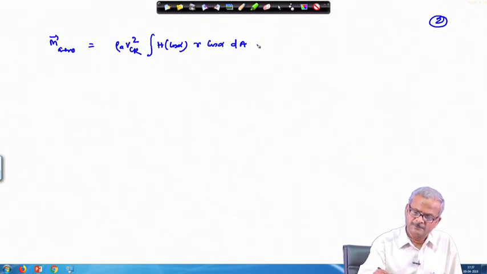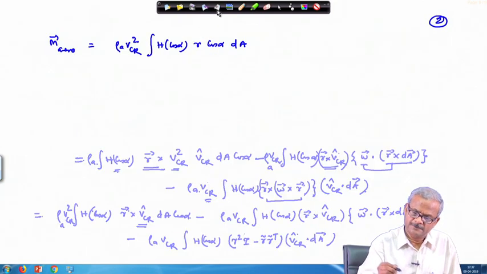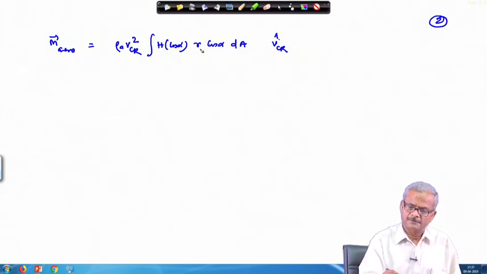The cross is operating on V_CR, so V_CR we will be putting here as V_CR cap, and this cross is present here.